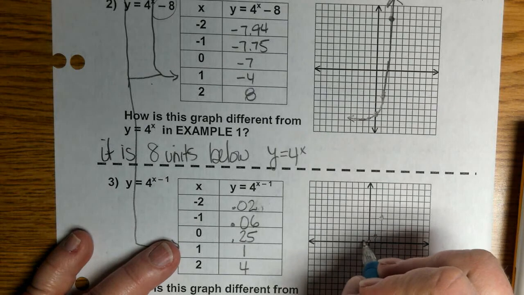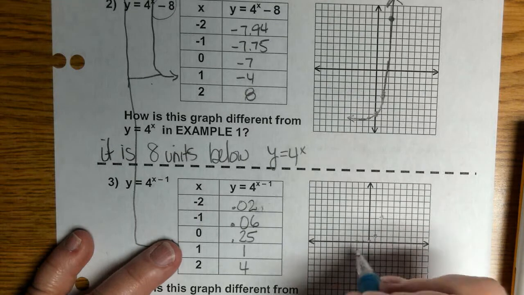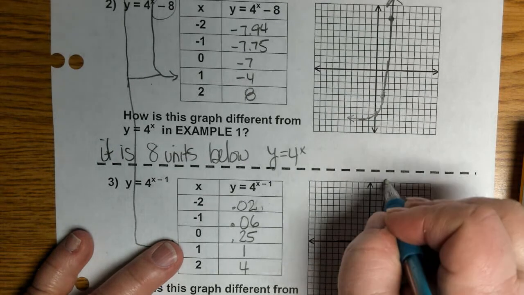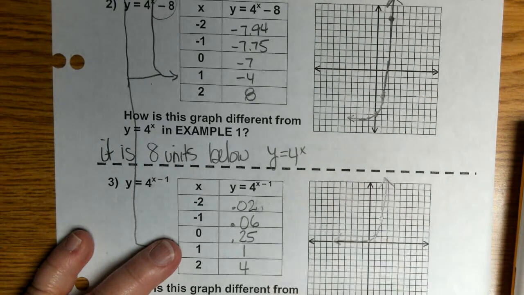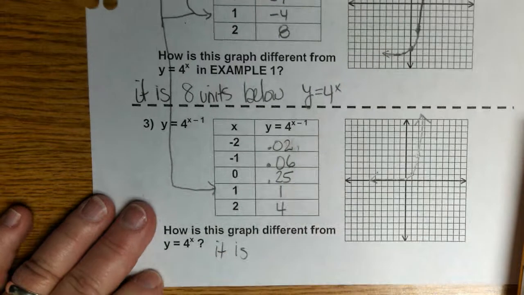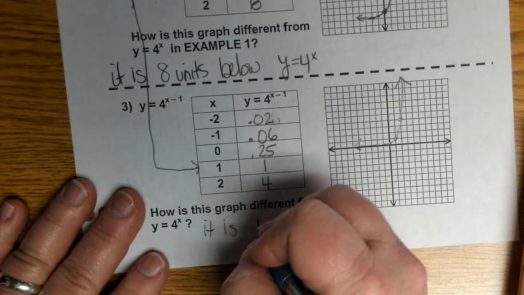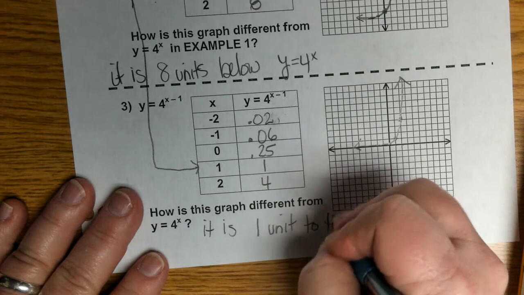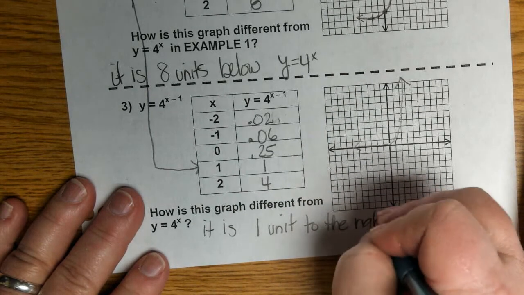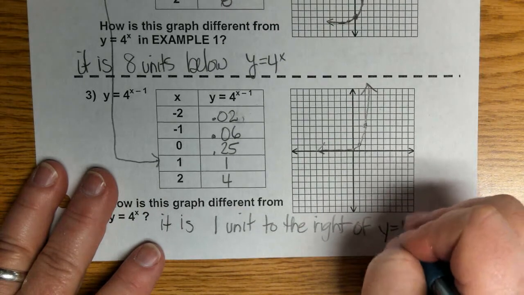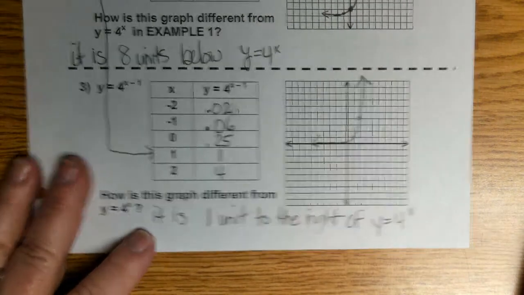Then we've got this number, and I know it gets harder and harder, but we're just going to skid that line right there, that x-axis. So it is 1 unit to the right of y equals 4 to the power of x.